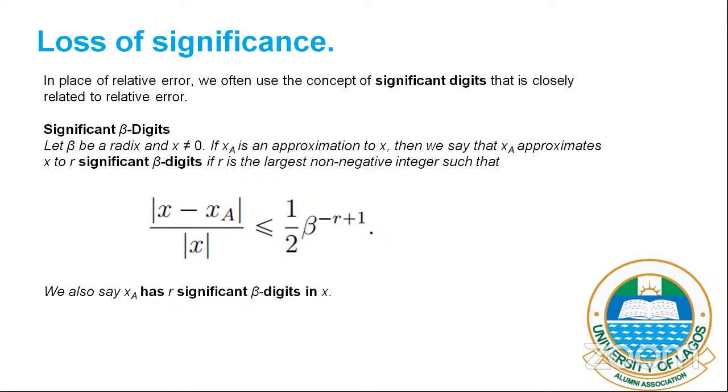Okay, sir. So this is basically relative error less than or equal to half of the radix, which is the base you are calculating in, to the power minus r plus 1. This r is always given. If you look at the example, r was given. So please, next slide.